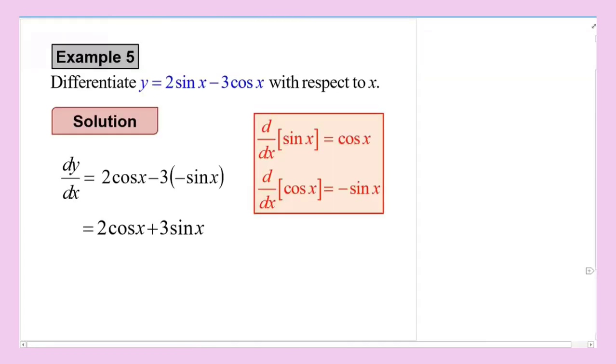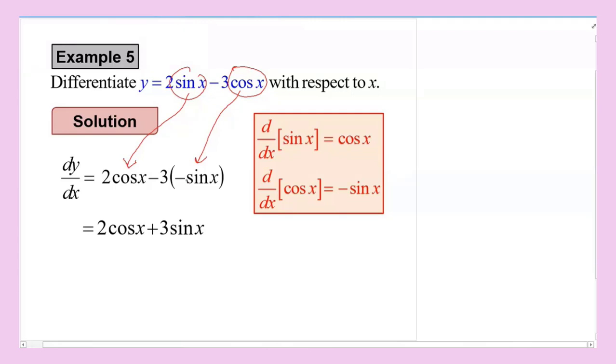Okay. And example, there's already a solution. Differentiate y is equal to 2 sin x minus 3 cos x with respect to x. So for this one, dy dx, sin gets cos. Memorized, right? Negative sin.